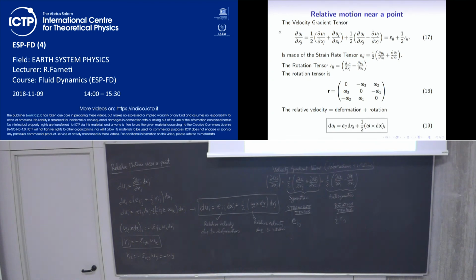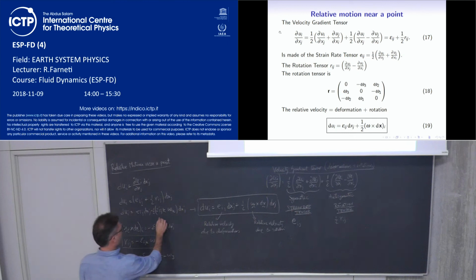Mistake? When you substituted the rotation tensor, you repeated the dxj again. Sorry, the omega cross.